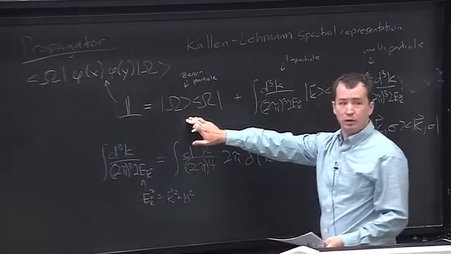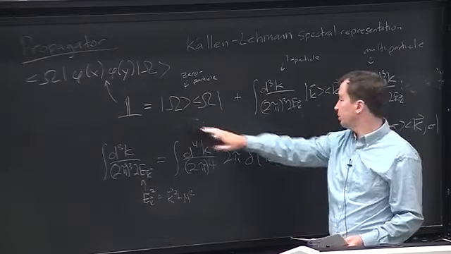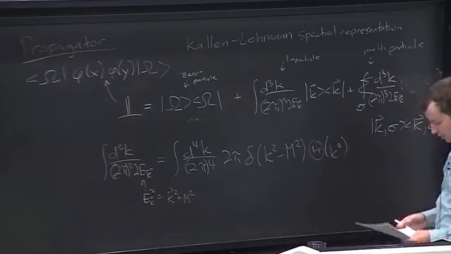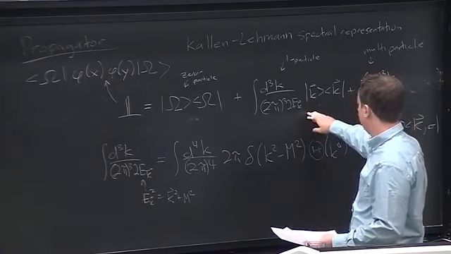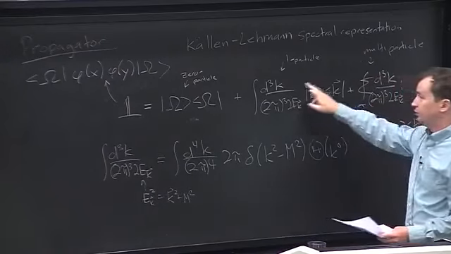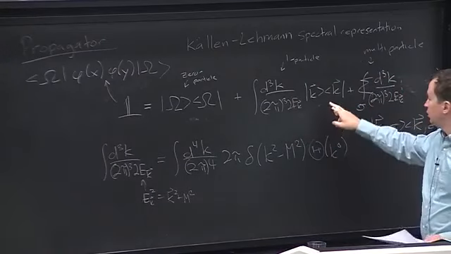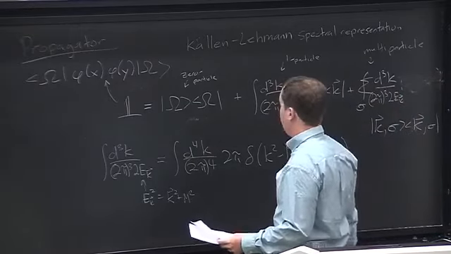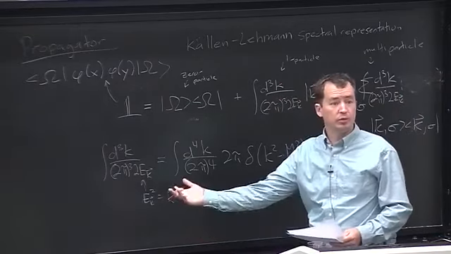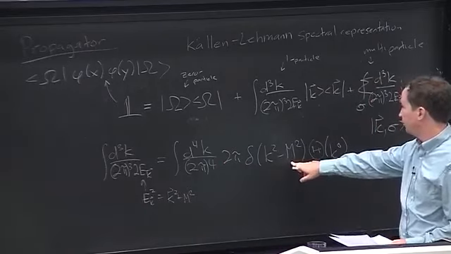So this term gives us 0 by our assumption. This term is going to give us something that looks very much like what we had in the free theory, except it will involve the physical mass.